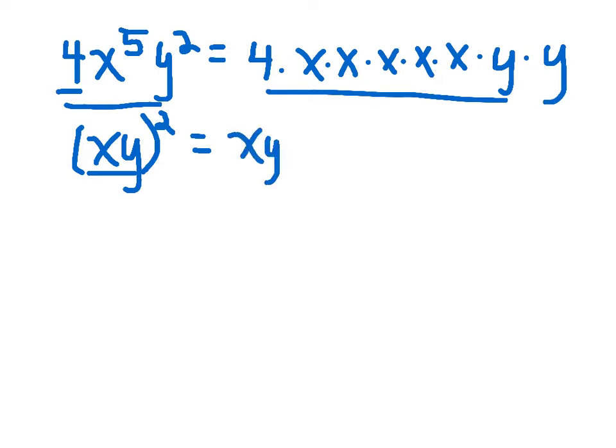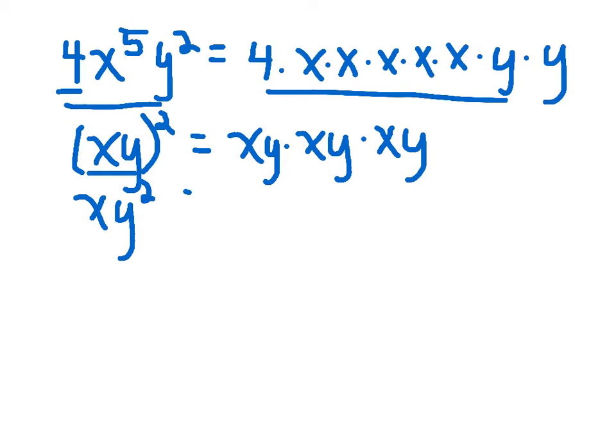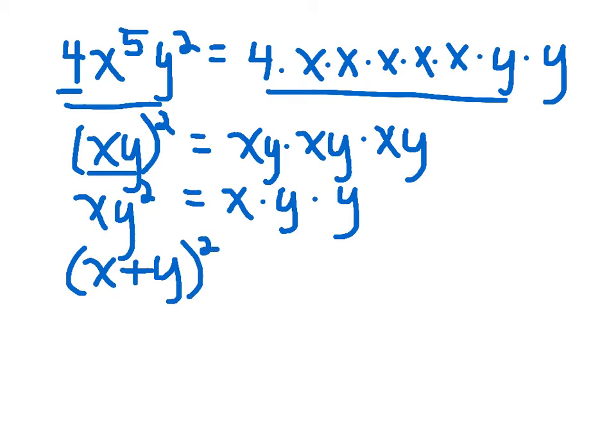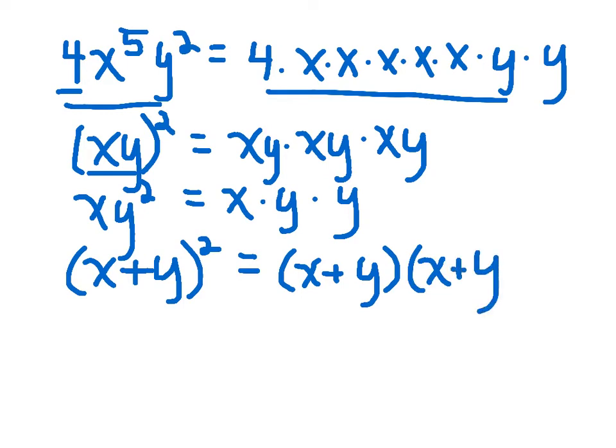So that means xy times xy, which is different than x times y squared, which is x times y times y, and is different still from x plus y squared, which is x plus y times x plus y. In each case, you really have to look at what the exponent is referring to.